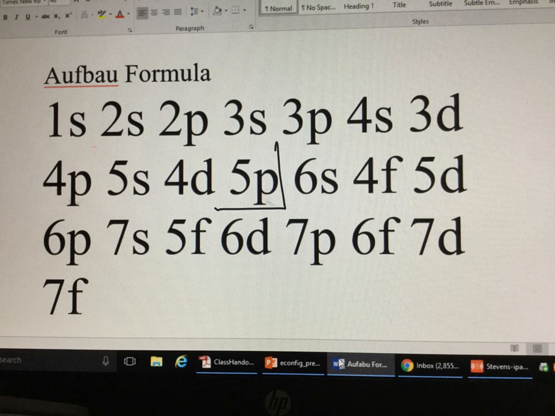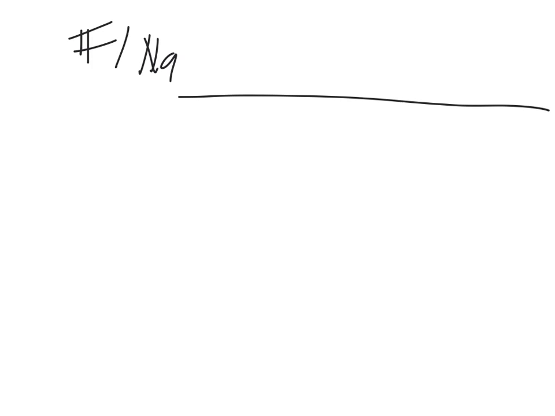Assignment: look at what they're giving you. Look at sodium, number 1. You're going to tell me what the electron configuration is for sodium. You're going to write it in there. Tell me, what's my answer? Always start at the beginning. What's the first part?